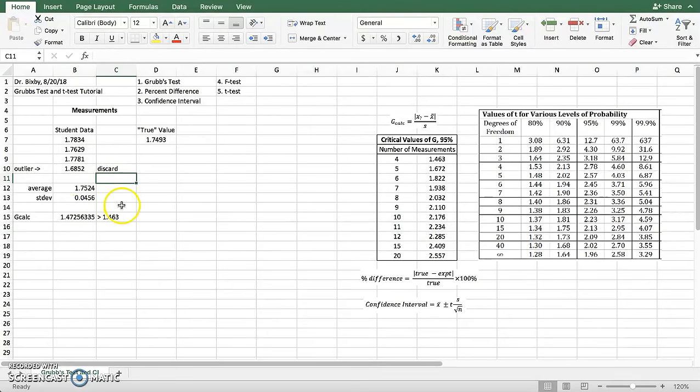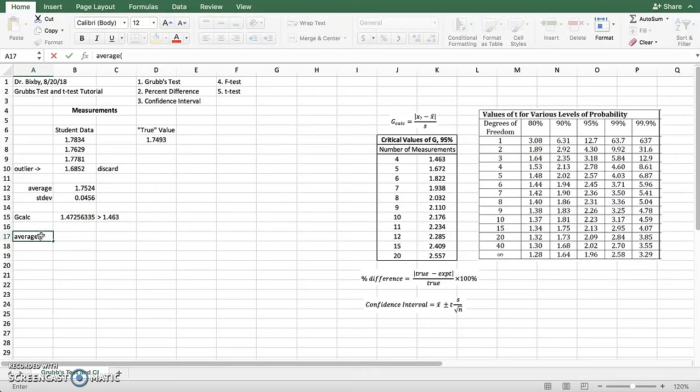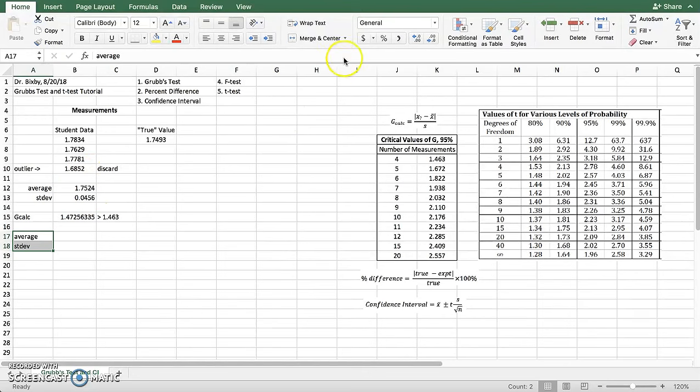Okay, and now I'm going to calculate a new average and standard deviation. You can just change this calc here, but I think it's important to keep track of what you've done and what you haven't done.